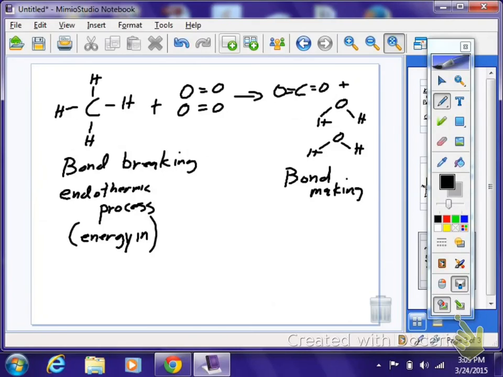So when bonds are made, do you get energy? Do you have to put energy in, or do you get energy out? What do you think? So the bonds come together, goes to lower potential energy. So what happens to that energy that's left over? It's converted into thermal energy. So it's exiting. So this is called an exothermic process.